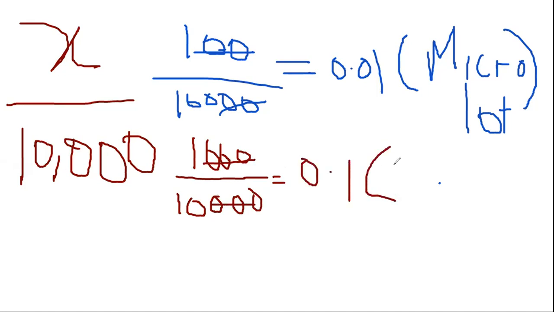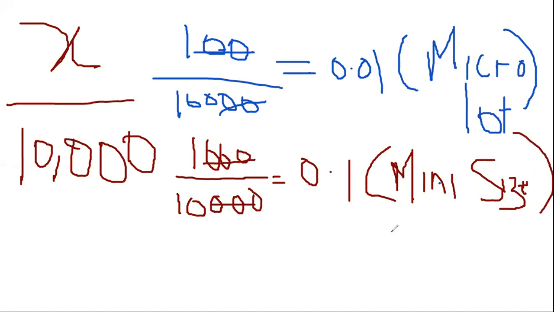So 0.1 is a mini lot size. A mini lot size is a lot size that ranges from $1,000 to $9,000.